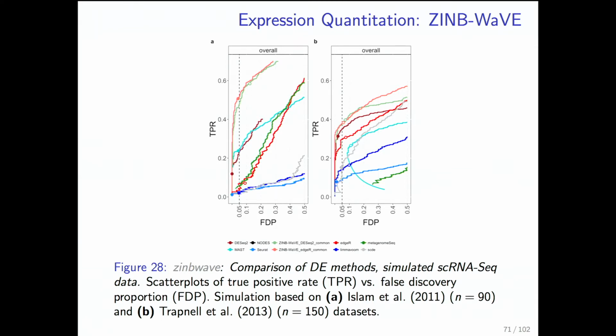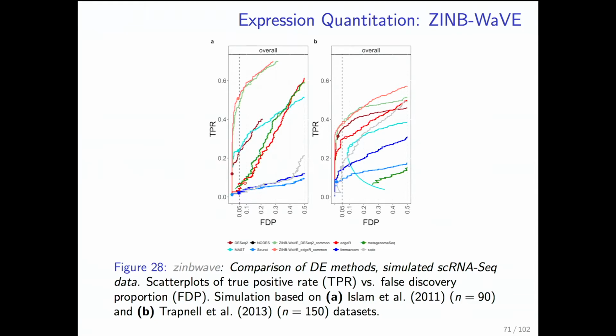Those of you that have used Bioconductor packages have heard of edgeR and limma. But we've downweighted the zero counts in these methods using weights derived from the zero inflated negative binomial model. And the other curves here correspond to unweighted methods and also a newly proposed method for single-cell RNA-Seq. So we were, again, very encouraged by these results.